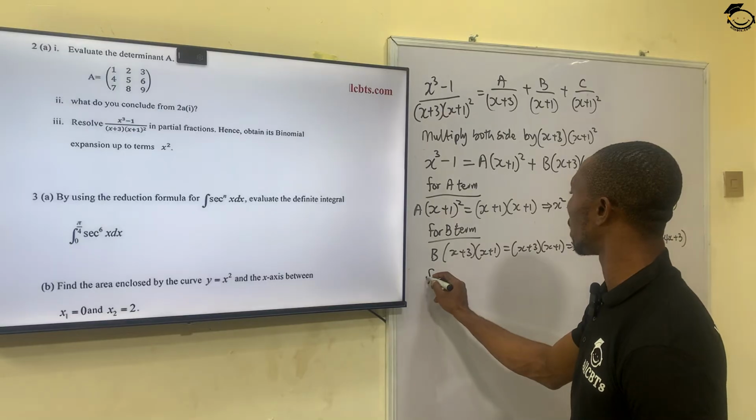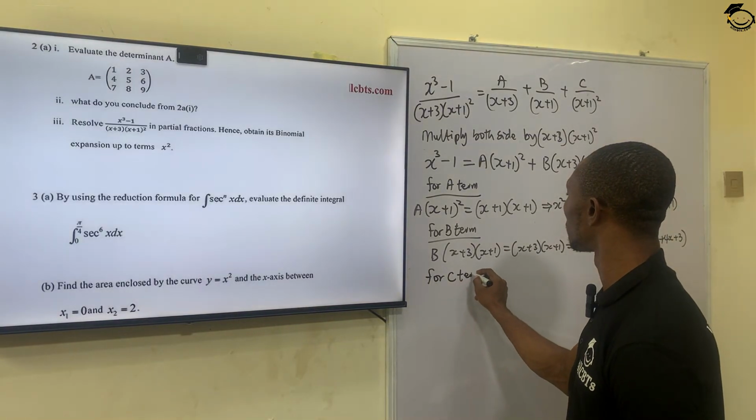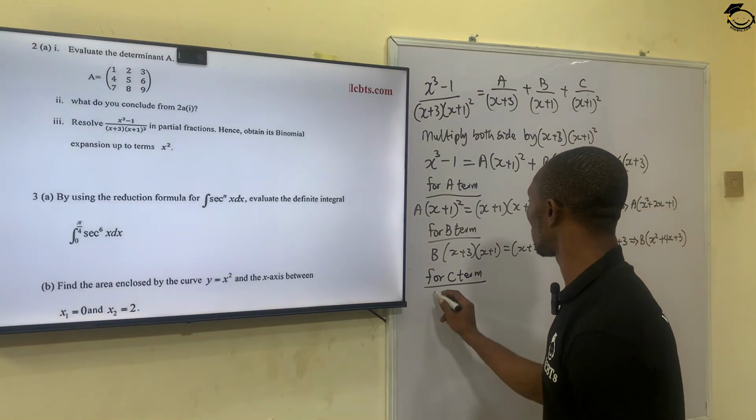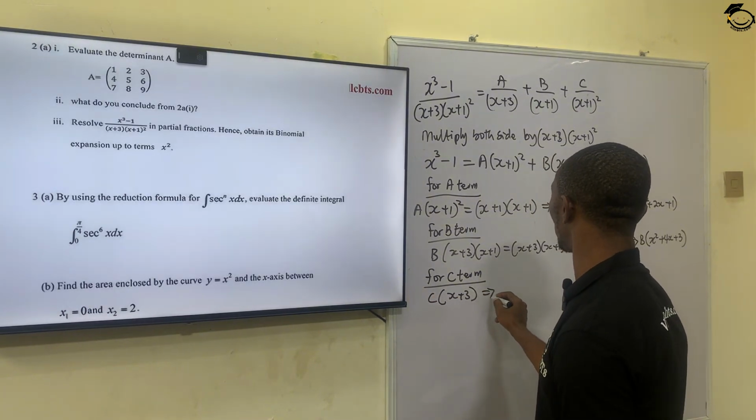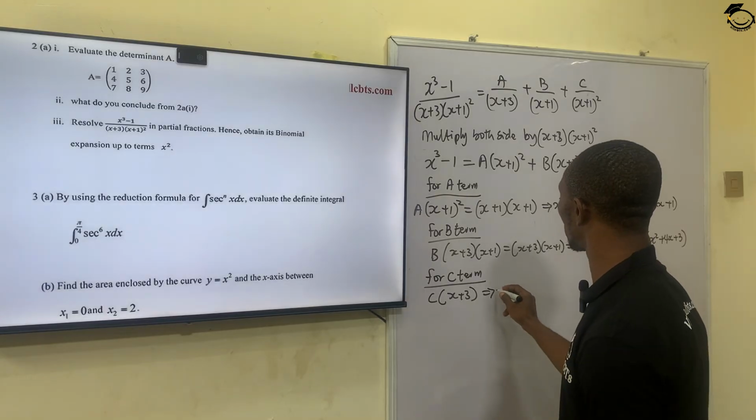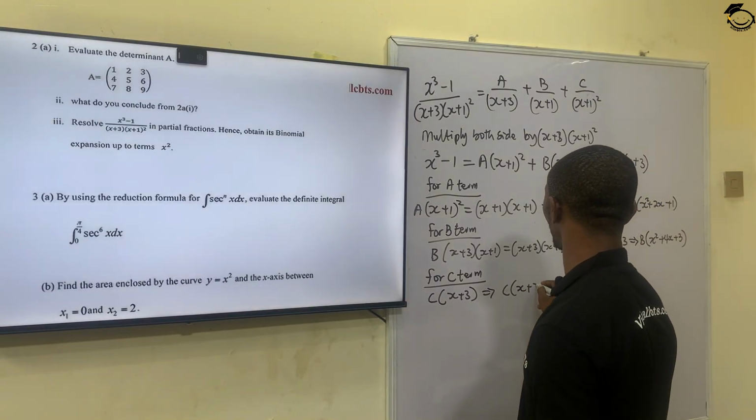So for our C term, we have it as C bracket x plus 3. So expanding this, we have it still as C bracket x plus 3.